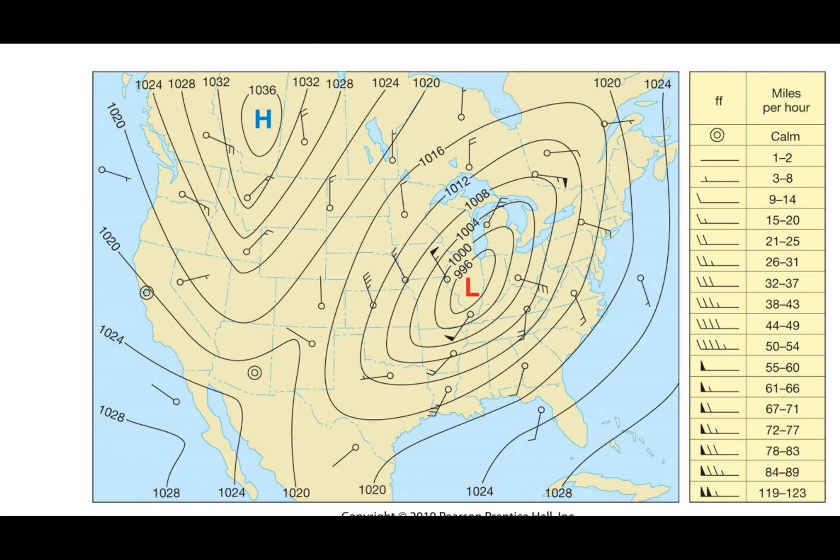And I think we'll get to this, but oftentimes, going across the United States, you'll see this alternating high, low, high, low. And they bring weather with them. It's not quite this simple, but highs generally bring clear skies, lows bring clouds and precip.